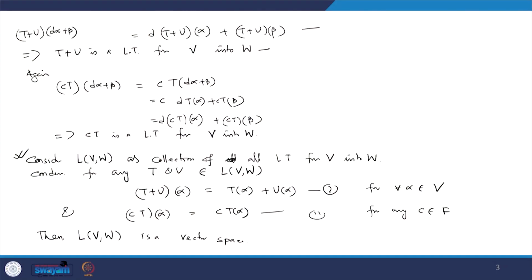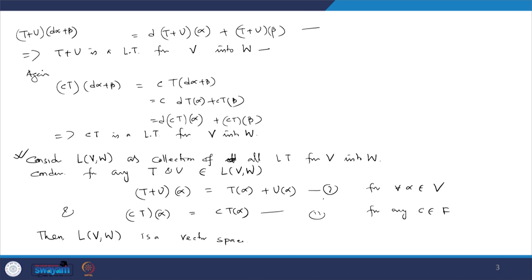And commutative property holds good because here T(alpha) and U(alpha) are elements of the vector space W, which also satisfies the commutative property. So, (T + U)(alpha), which is equal to T(alpha) + U(alpha), one can again write down as U(alpha) + T(alpha) also, because these are elements in the vector space W. So, which satisfies the commutative property.